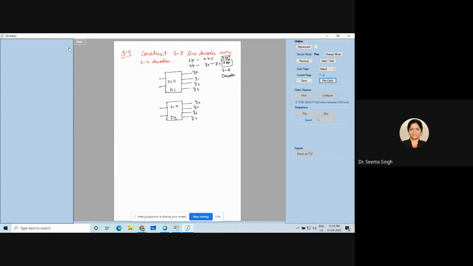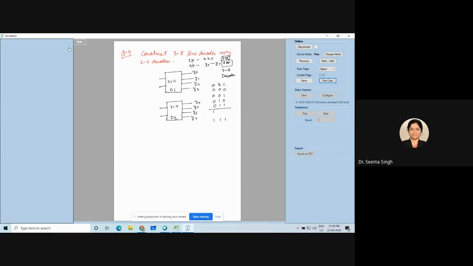See, when you take your A, B, C, I will write here A, B, C, and you arrange it from 0, 0, 0 to 7. So for 4 cases, A is 0, right?